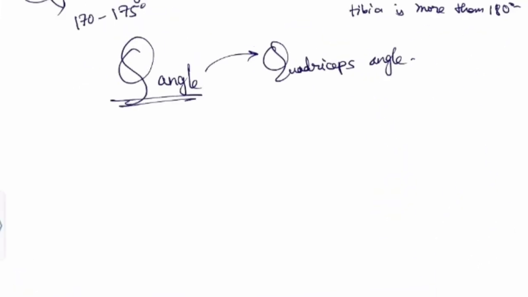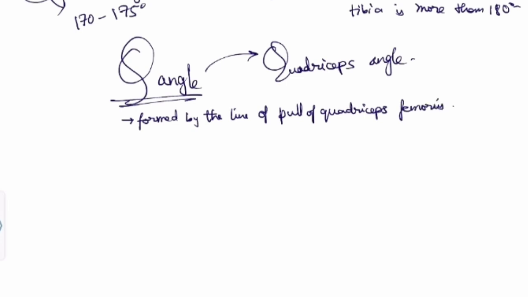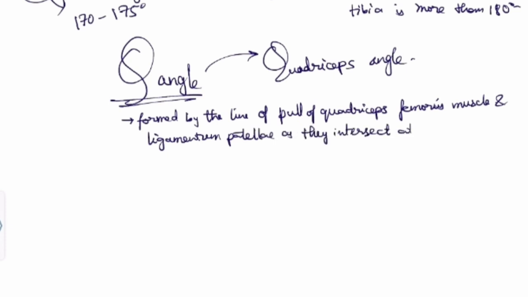Q angle is mainly formed by the line of pull of quadriceps femoris muscle and ligamentum patelli as they intersect at the center of the patella. How to demonstrate it clinically?